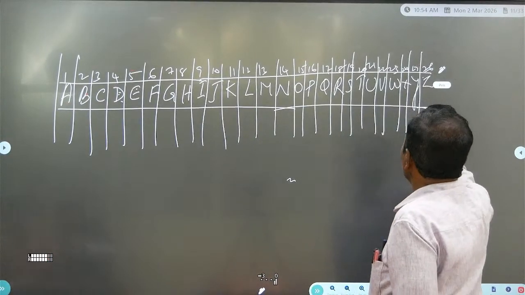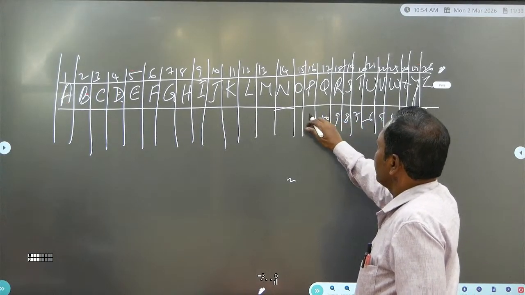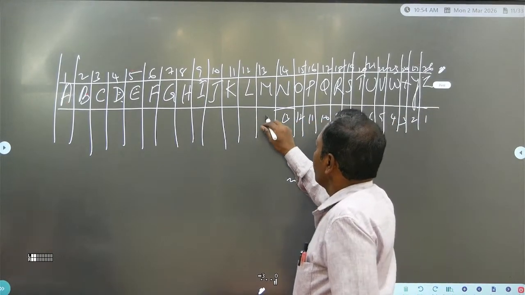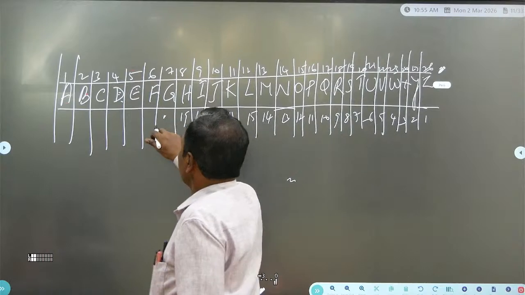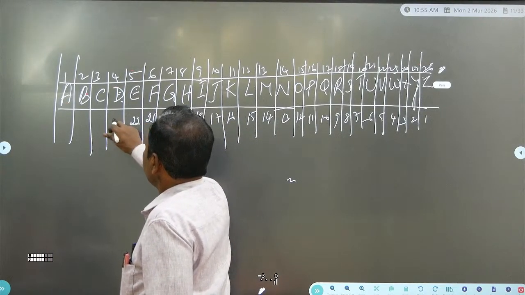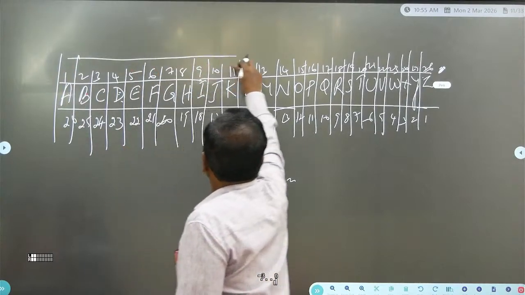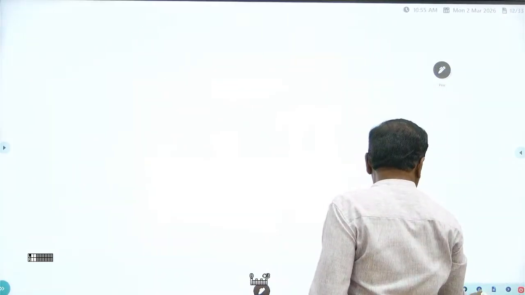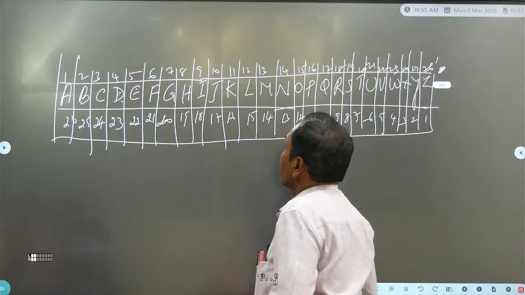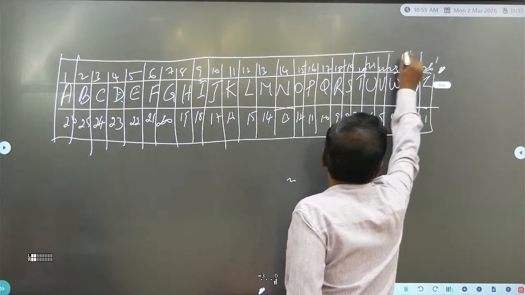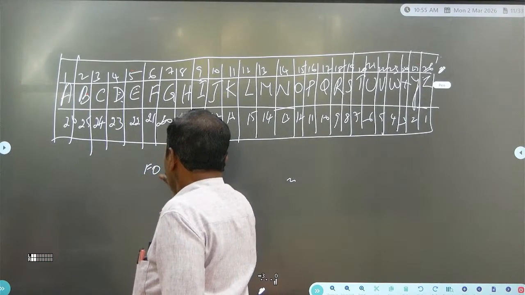Backward also you have to give the number, the position of the letter: 1, 2, 3, up to 26. These are the numbers. Forward order, backward order.